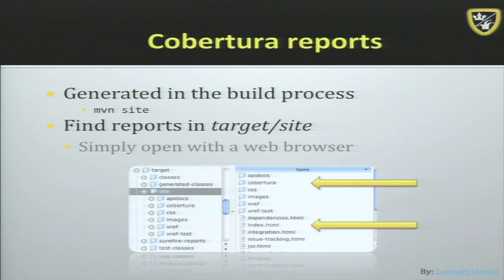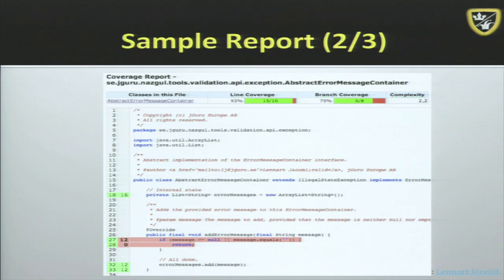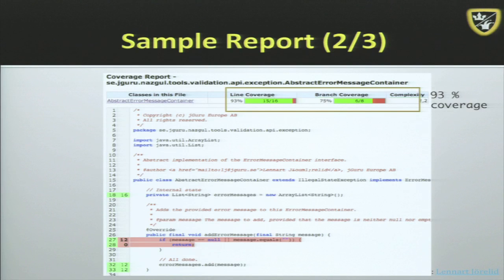So it's the index.html. This is a Cobertura report, where you can see the different coverages for different packages. And if we go into a sample report, it becomes really clear which pieces of the code are covered and which are not. At the top of each class, you've got the line and branch coverage numbers.